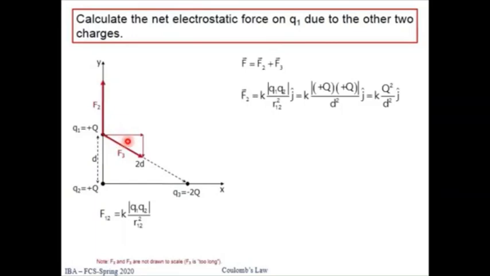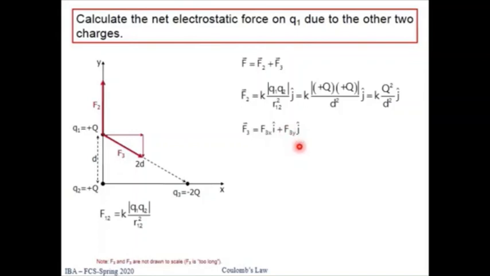So to find F3, we first write F3 in its components. As I mentioned, F3 has two components: one is a horizontal or x component, and F3y is a vertical component.